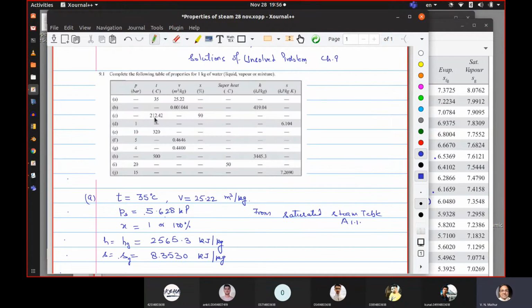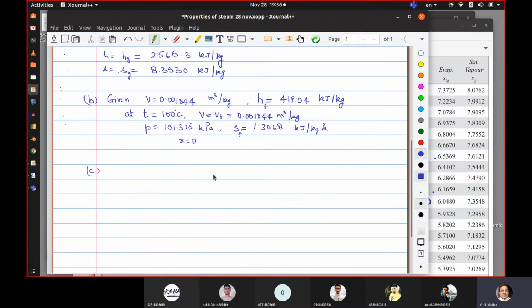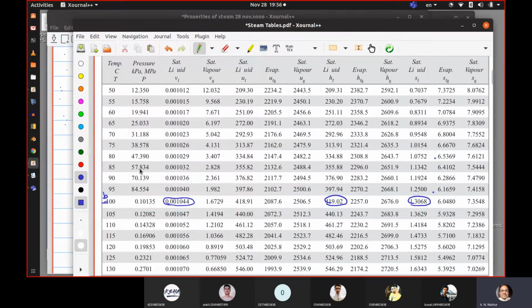It says temperature 212.42 degree centigrade and dryness fraction is 0.90. So we'll search this temperature value in our table.